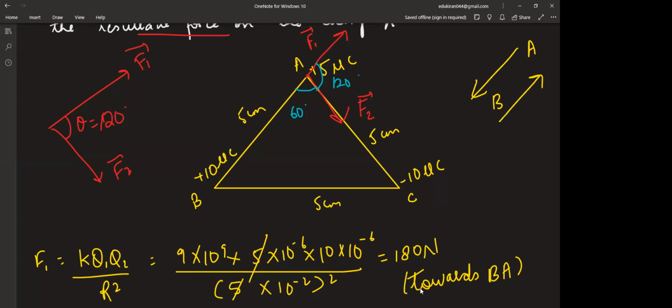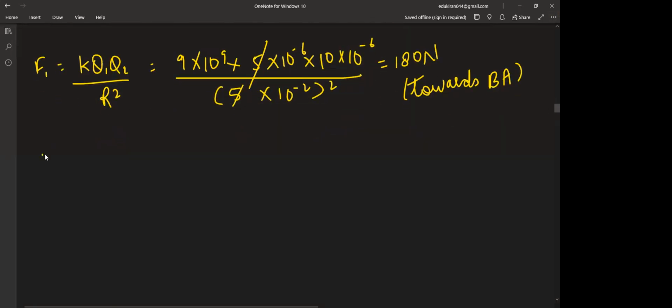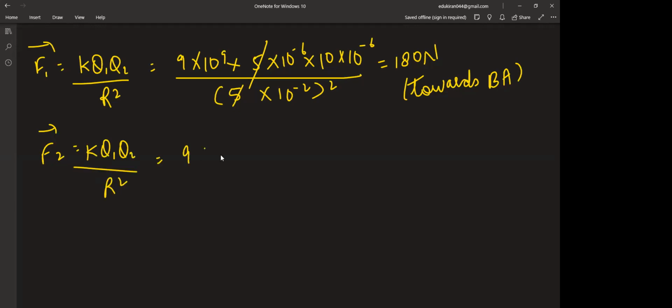Fine. This is F1. Coming to F2, that is plus 5 and minus 10. We'll just take the magnitude, so both will come same. K Q1 Q2 by R square. This is 9 into 10 to the power 9. Q is 5 into 10 to the power minus 6.